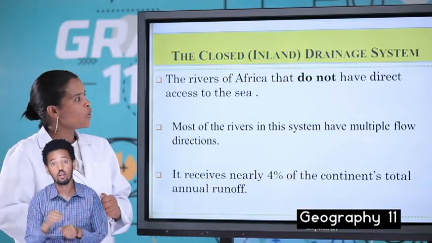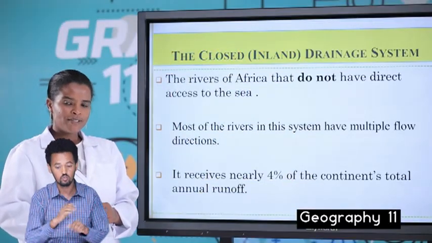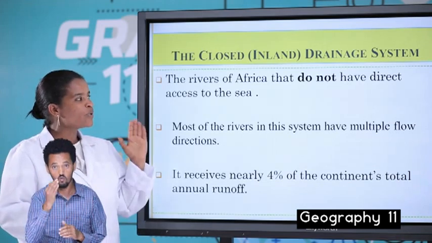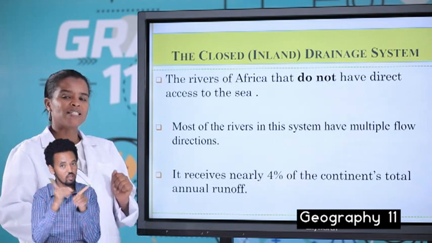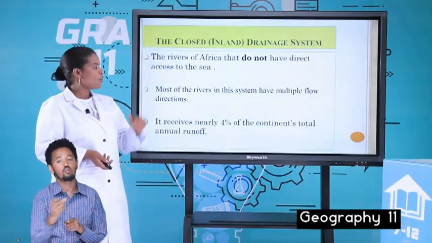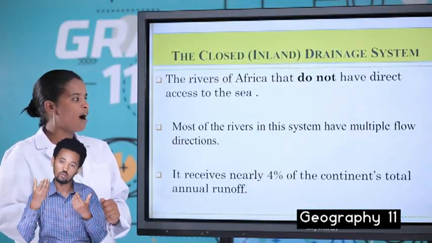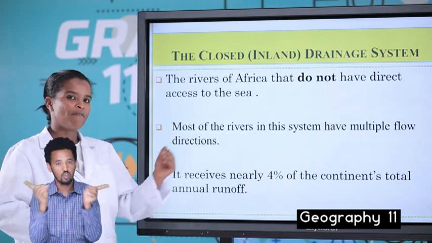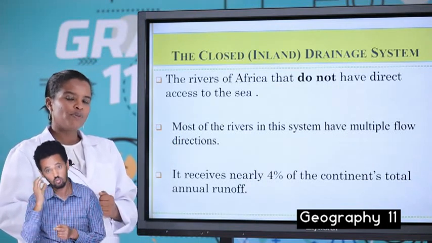Let us move to the closed or inland drainage system. The rivers of Africa that do not have direct access to the sea are known as the inland drainage system. Most of the rivers in this system have multiple flow directions because they are affected by relief features.